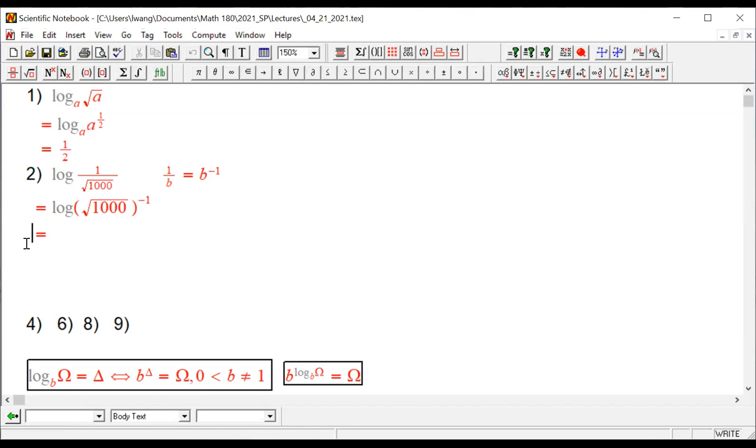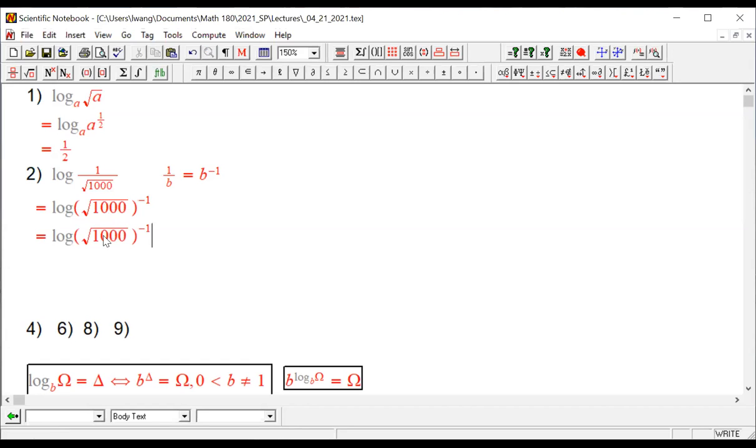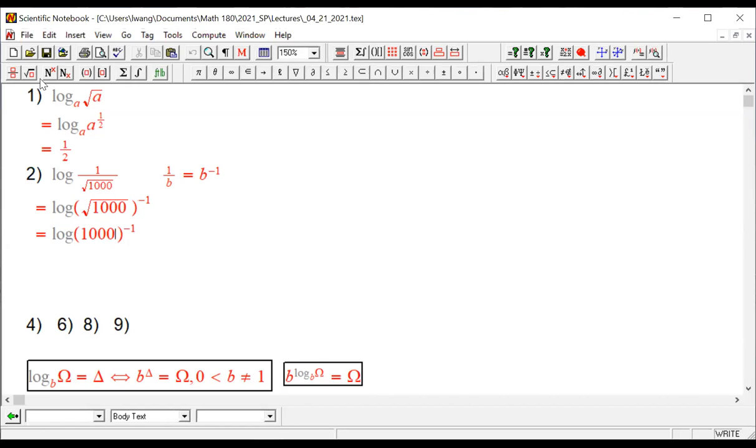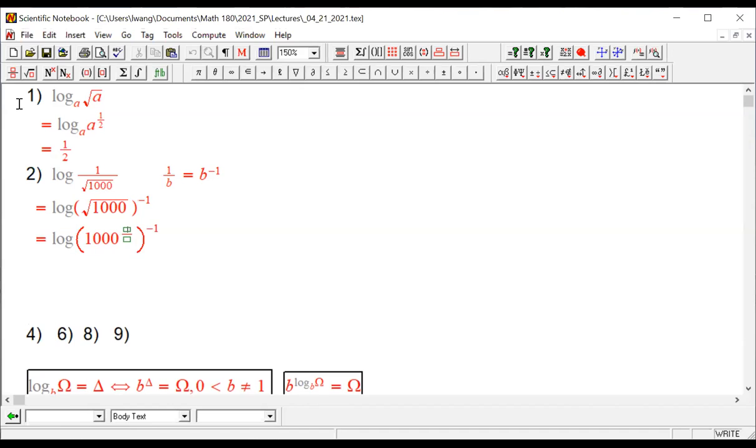The next step he did is that he put in the half. He operated inside the parentheses and the square root, and made that the power of half.